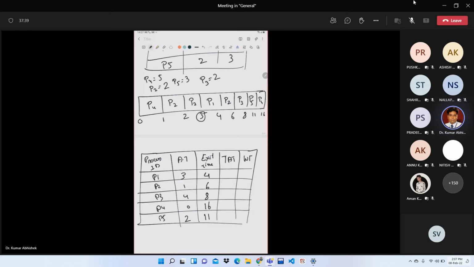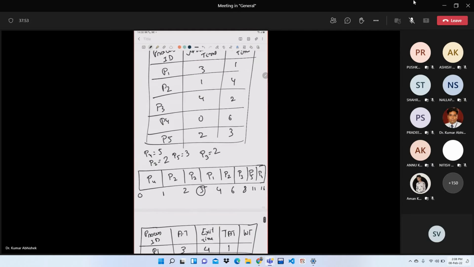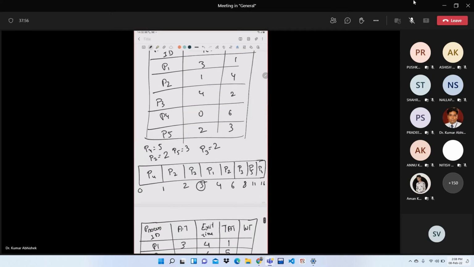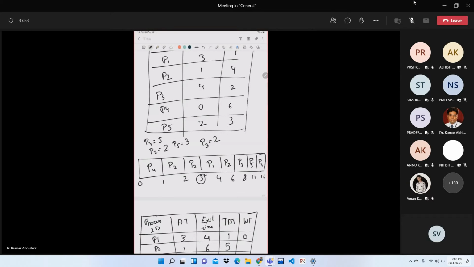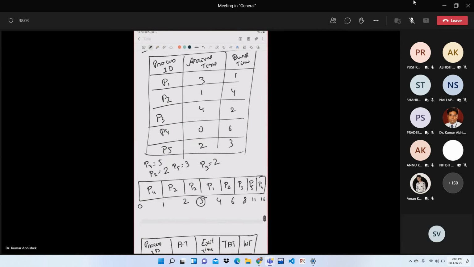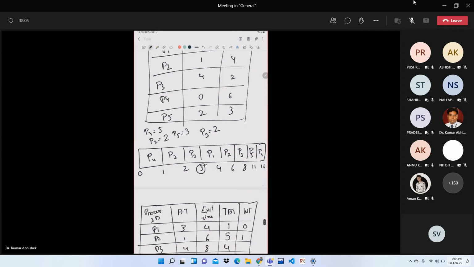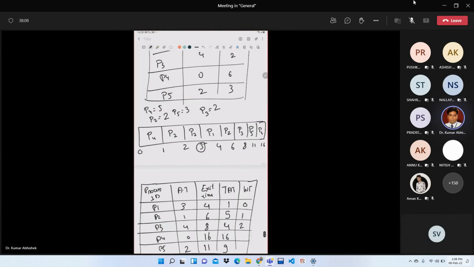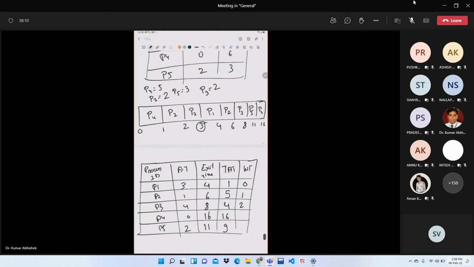P5 exit time is 11. 5, 4, 16, 9. So 1, 2, 10, 6. Is it clear?